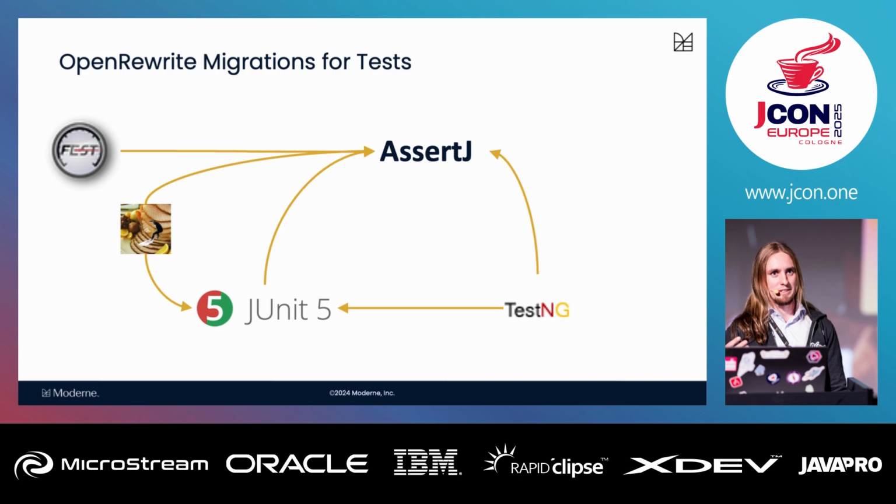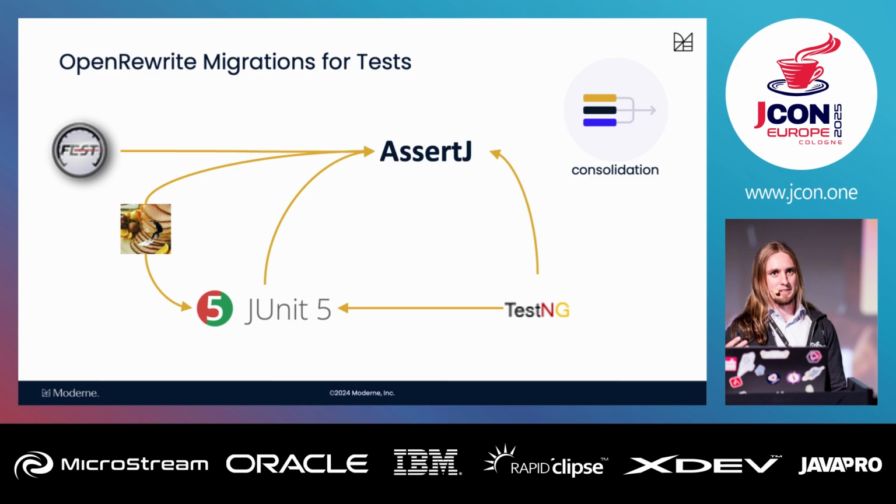But the world is evolving, and we now see that the recipes are more and more used to consolidate against the de facto standard of JUnit 4 or JUnit Jupiter with AssertJ. I don't know if you would choose TestNG. That would be an okay solution at the moment, I think. But going with the old Fast stuff or with Hamcrest, I think that's not a great solution today anymore. So migrate away from there.